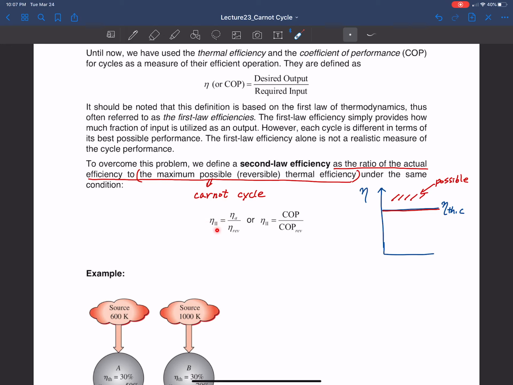Now this second law efficiency is defined as the efficiency of the actual system to the Carnot efficiency. Or if your thermodynamic cycle is a refrigerator or heat pump, your second law efficiency is defined as the COP of the real actual device compared to the COP of the Carnot cycle.